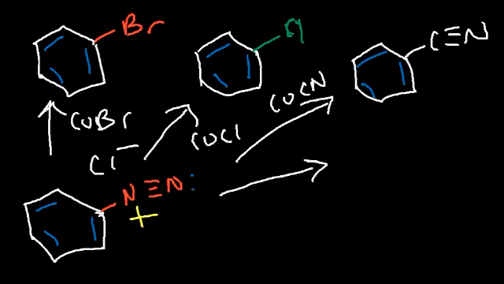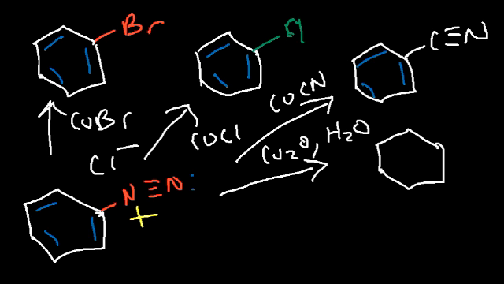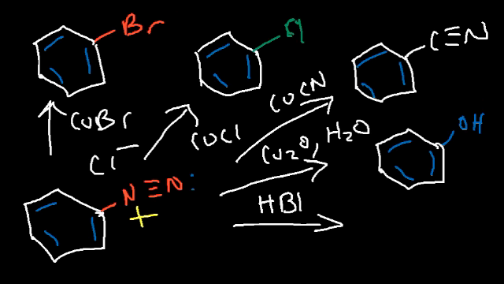Now, let's say if we were to use copper oxide with H2O, we can replace the N2 group with an OH group. So this is one way you can make phenol, which is another name that you need to be familiar with. And if we use fluoroboric acid, HBF4, we can replace it with a fluorine group.